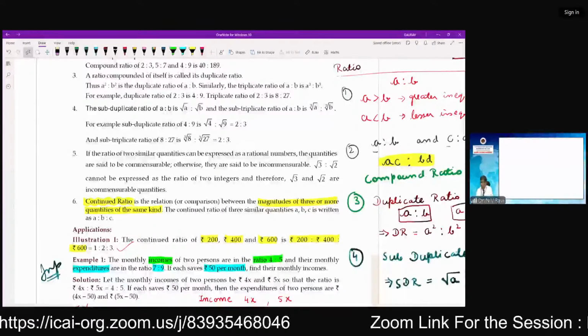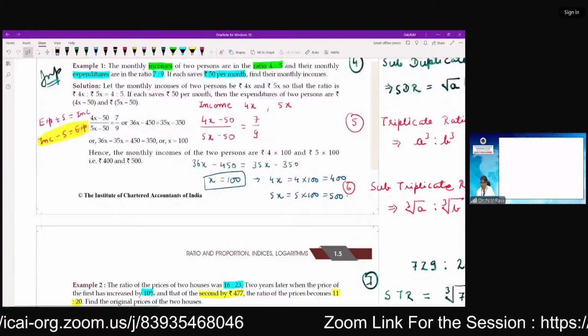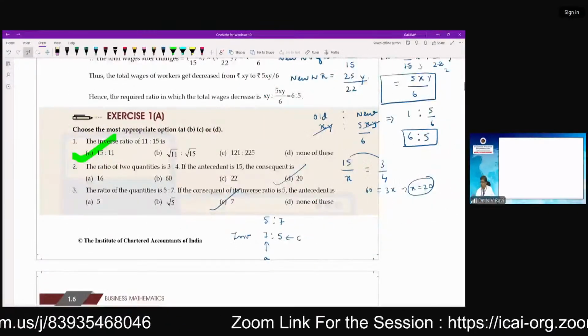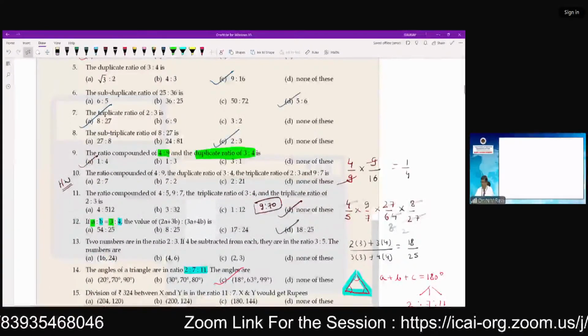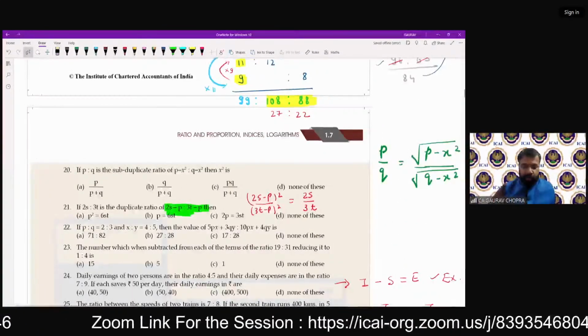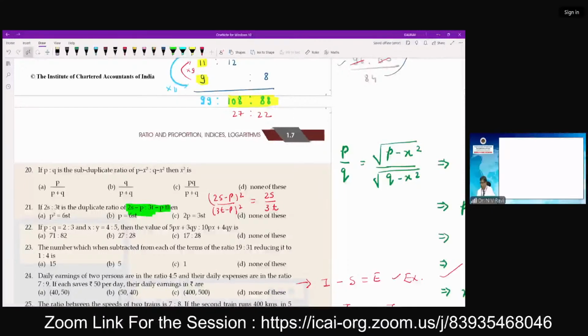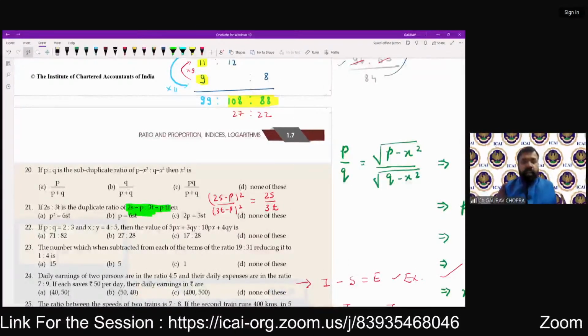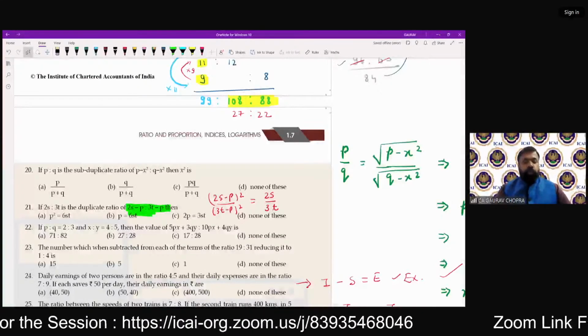These are duplicate and sub-duplicate ratio related examples. Can you solve these two examples? Students often send many queries about these two questions. Sure, sir. Let's move towards question number 20.